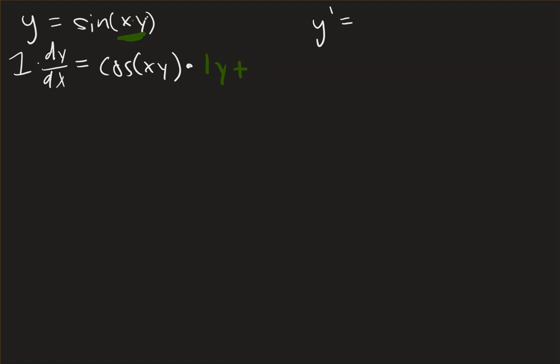Plus, now I'm going to take the derivative of this, which would be 1, but now I'm taking the derivative of y with respect to x, so I'm going to need my dy dx here, or my y prime if you'd rather, same thing, times the first term. And since these are 1s, we don't really need them.